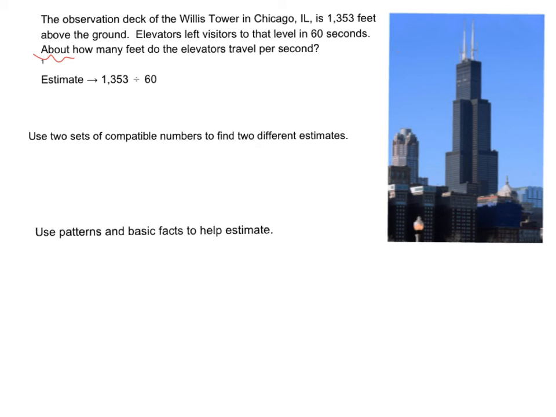The first estimate I'm going to do is, remember, I'm trying to make this easy. So I want something to go with 60, because 60 is pretty nice to use. And I'm going to change my 1,353 to 1,200. My second estimate, again, I'm keeping my 60 the same.